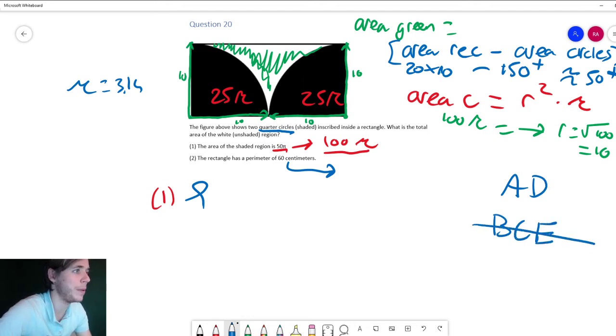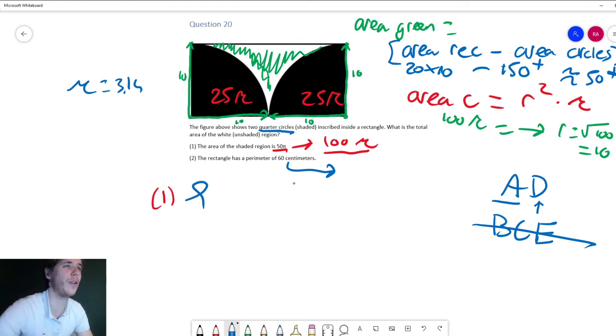We know it will not be B, C or E. We're going to check if it's only the first statement, or is it both? Let's check it. Second statement, the rectangle has a perimeter of 60 centimeters. So in total it will be 10 plus 10 plus 10 plus 10 plus 10 plus 10, 60.